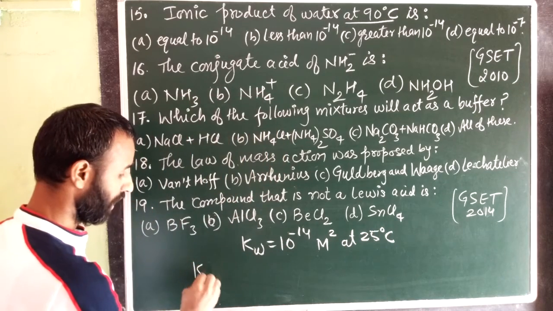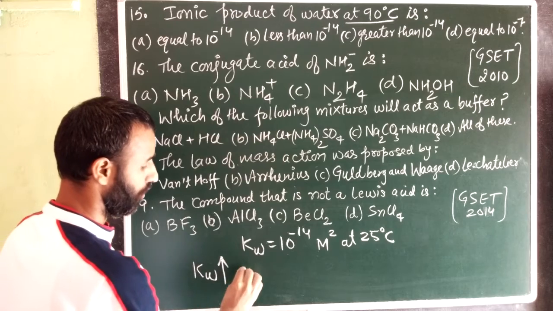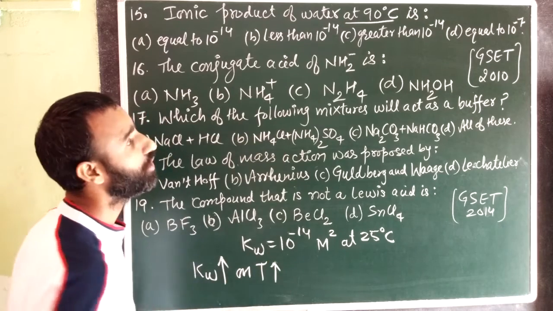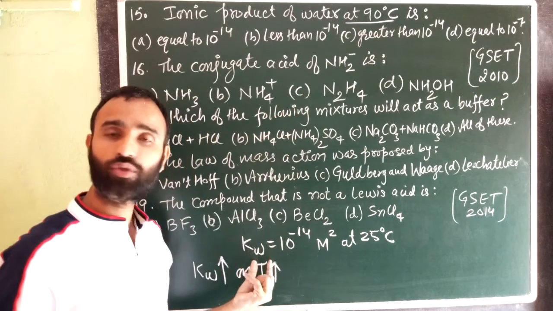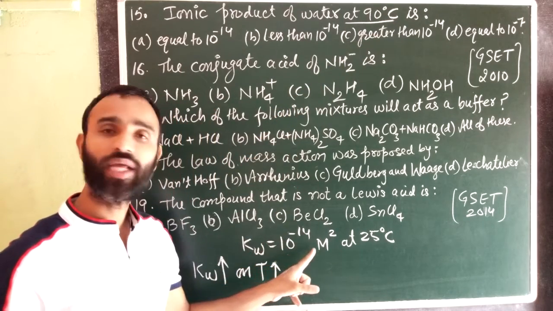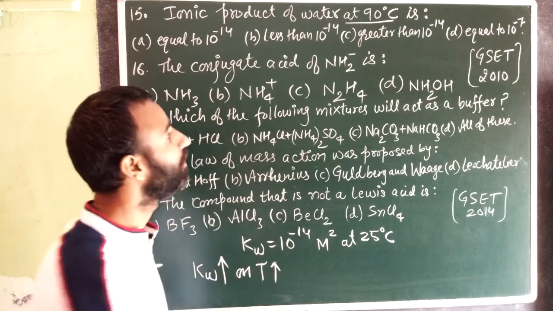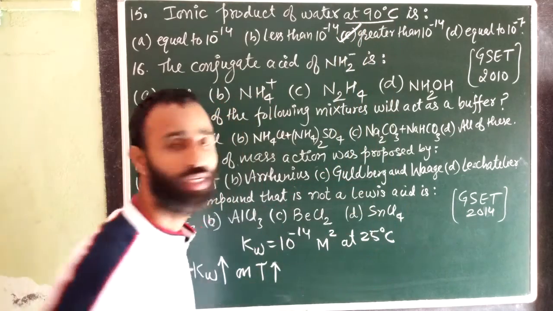So Kw increases on increasing temperature. As it is 90 degrees Celsius, ionic product of water should be greater than 10 raised to power minus 14. That's it. Means option C is correct.